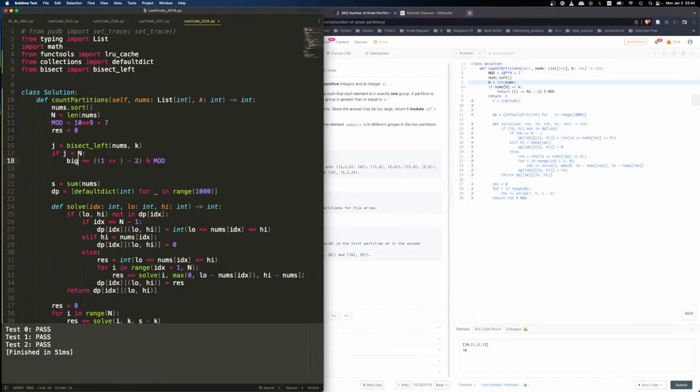The big shift what? So from j to the end. So it should be n minus 1 minus j plus 1. Yeah. So it should be this.